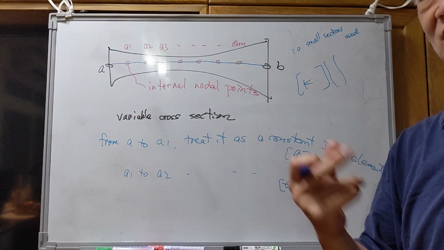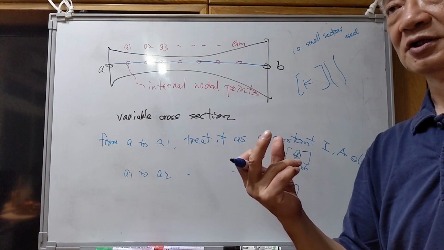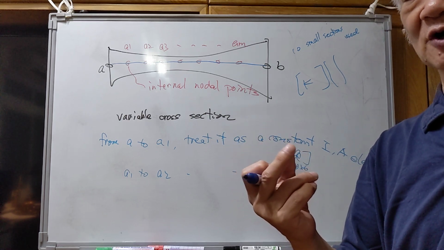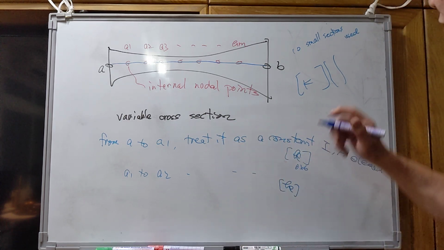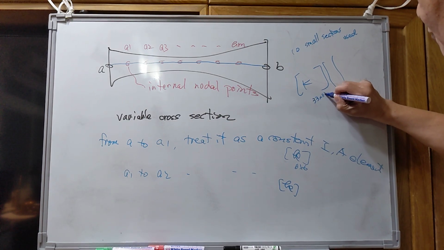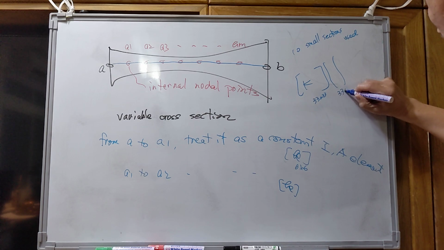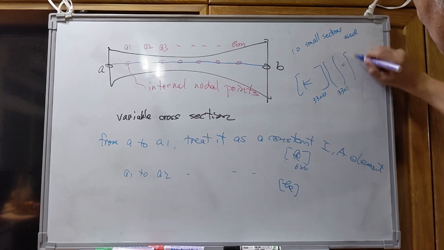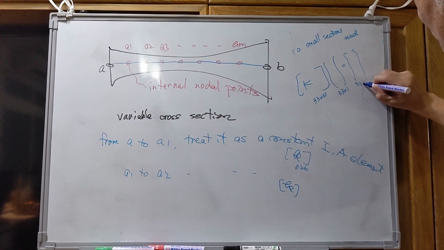And if it is a frame problem, we need 3 degrees of freedom for each nodal point. So the K matrix will be a 33 by 33, with a 33 by 1 vector.